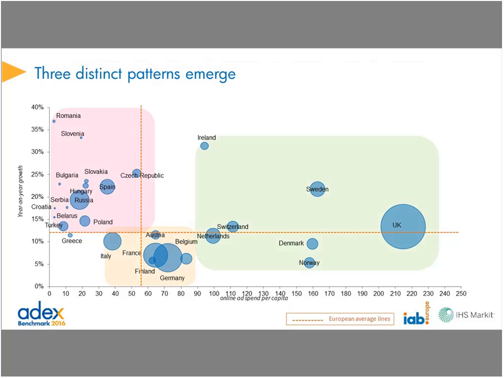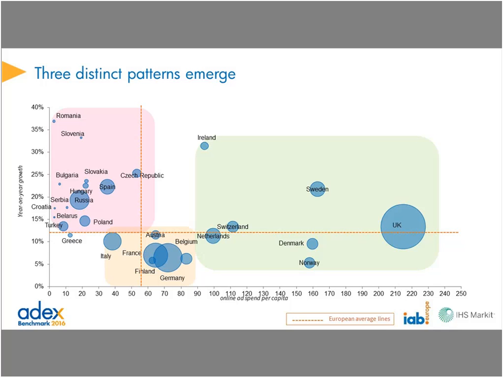Then you see a clustering of fairly mature big Western European markets, underlined here in orange, that are growing just slightly below the European average and who are more mature than the European average.